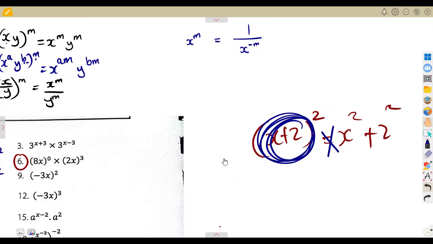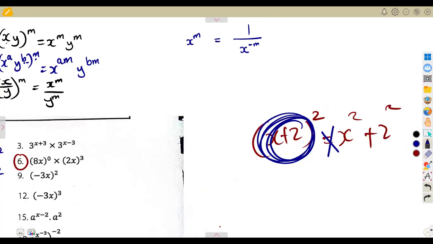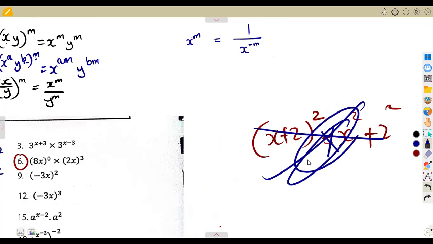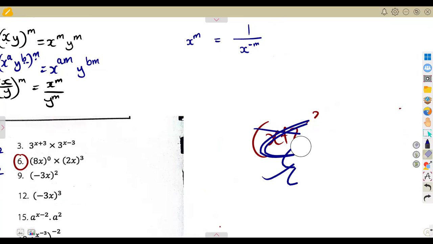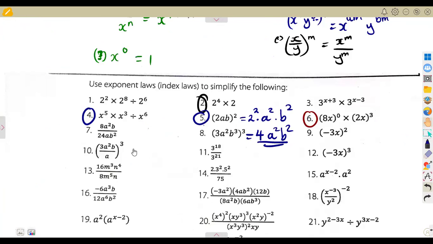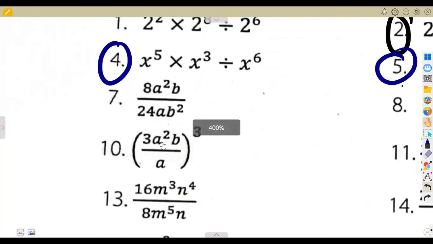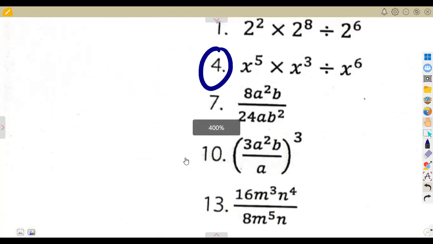It only applies if this is a term. Remember, a term can be a product. A term can be a fraction, not a sum like what we are given, not addition. This does not work. It's no longer applicable, this law. You have to expand, as usual, your brackets. It's only when it is under a product. All right, so that is the case there.